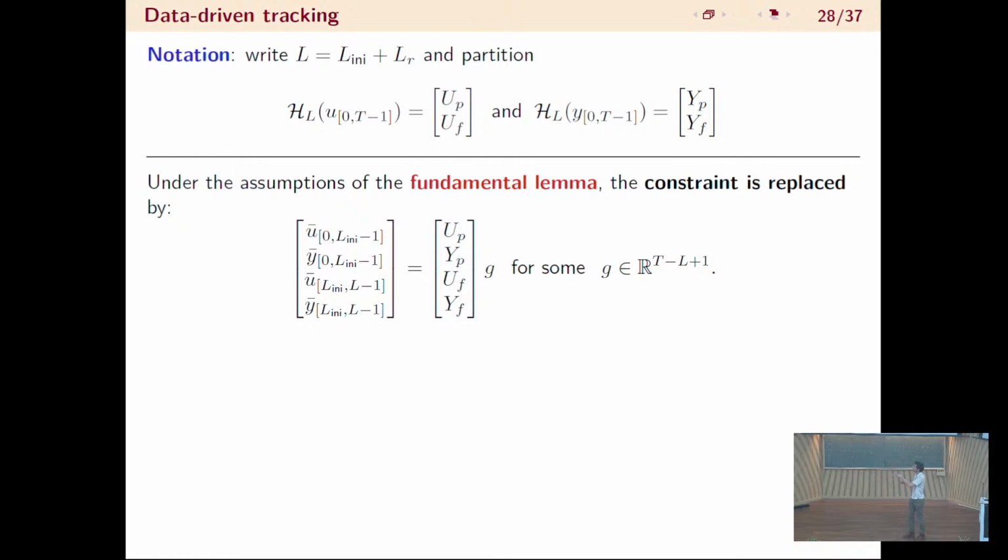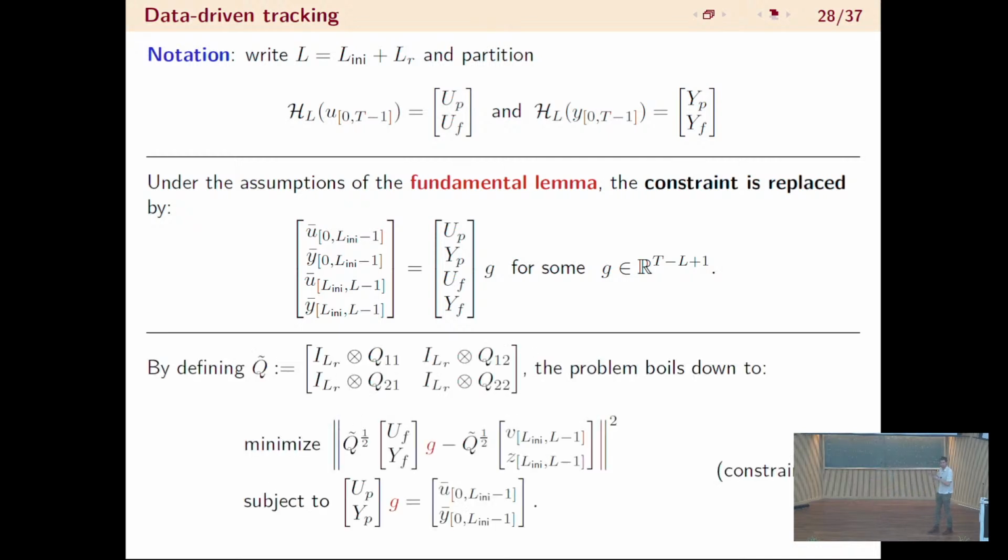So the U bar, Y bar trajectory must be in the image of the data Hankel matrix, right? So it must be the data Hankel matrix times some vector G. And the idea is to formulate this data-driven tracking problem now as an optimization over this vector G. That's the goal.